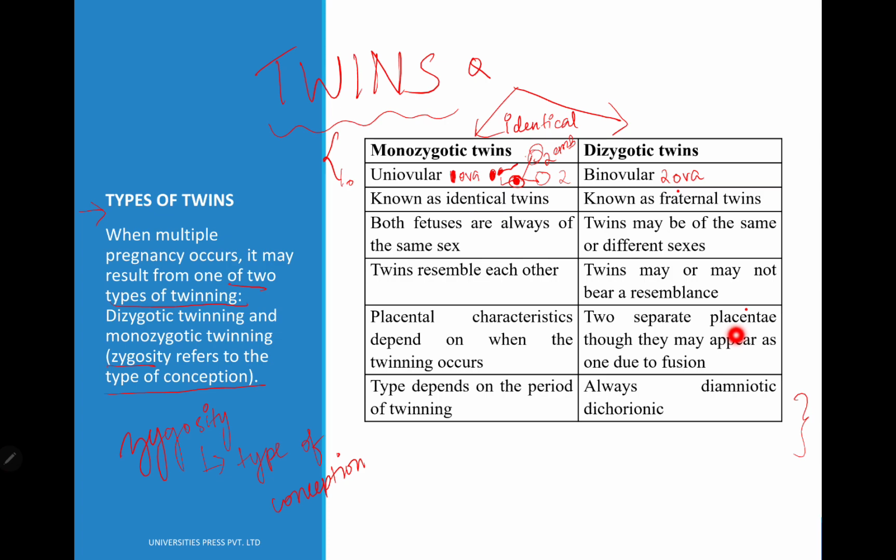Whereas dizygotic twins are binovular. Binovular means there are two separate ova, and these two separate ova will be fertilized by two separate sperms, resulting in two zygotes and two embryos. Therefore, dizygotic twins are usually non-identical twins.